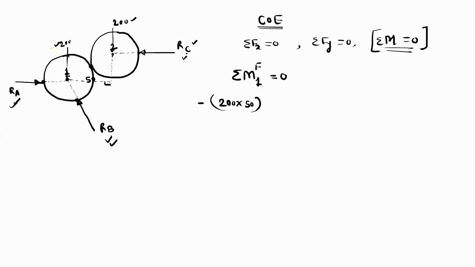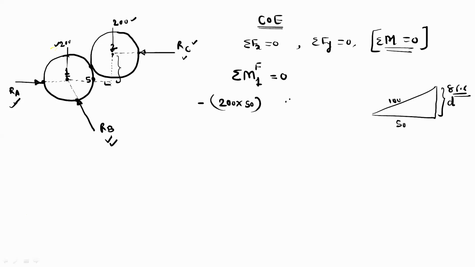Next is reaction RC. So for reaction RC, this is the perpendicular distance. Okay, and this distance we can find out from the same right angle triangle. So this is 100, this is 50. So you can find out this. So take this as a distance D. So it is equal to 86.6.